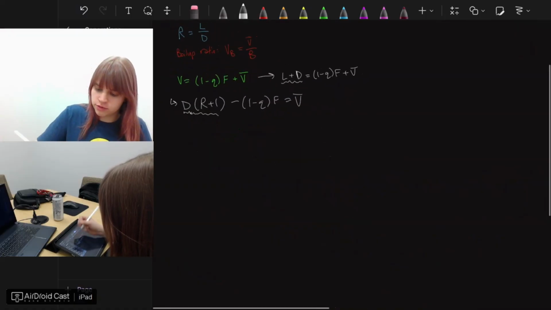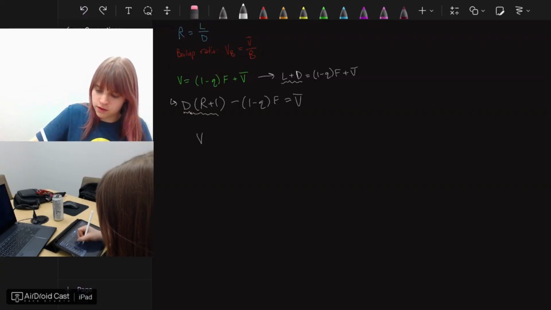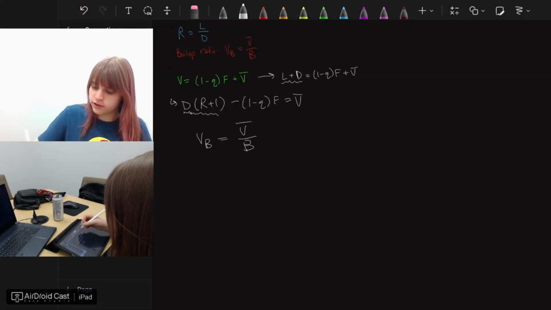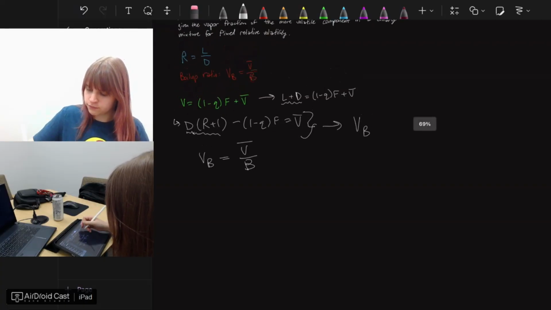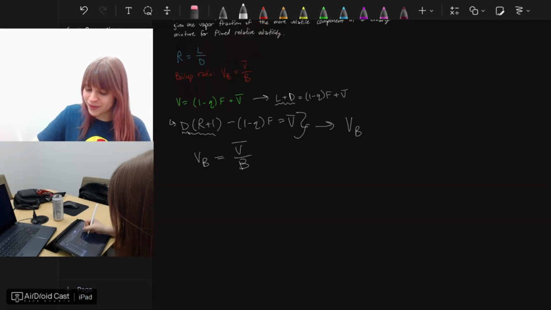So since we know that the boil-up ratio is equal to V bar divided by B, we literally just take this equation right here and divide it by the bottoms.